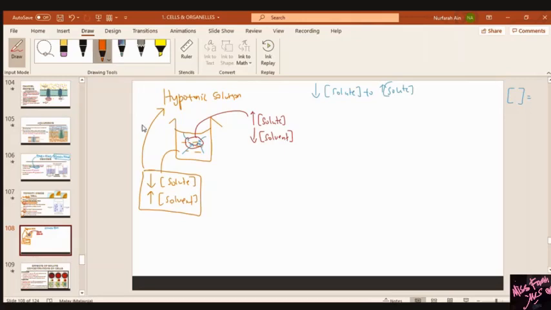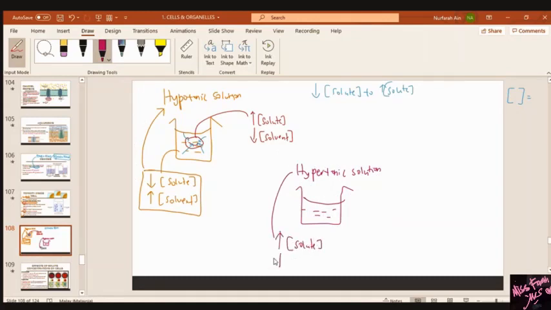I'm going to use a different color. Again, I have a beaker and I have a hypertonic solution. A hypertonic solution is when you have higher solute concentration, which also means you have lower solvent concentration.